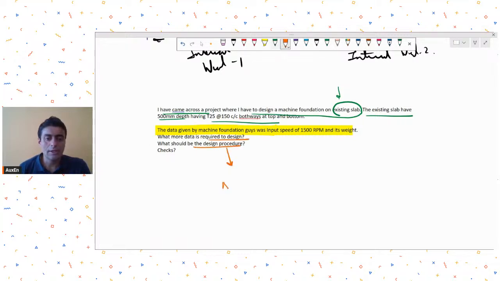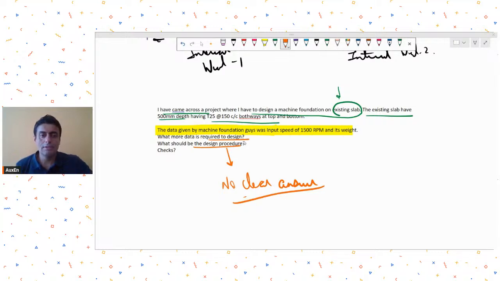So now there is no clear cut answer for this, because none of the codes deal with this issue of machine foundations resting directly on slabs instead of some footing. But what I would say is that the logic you could apply over here may be the same that you may apply for machine foundations resting on soil.